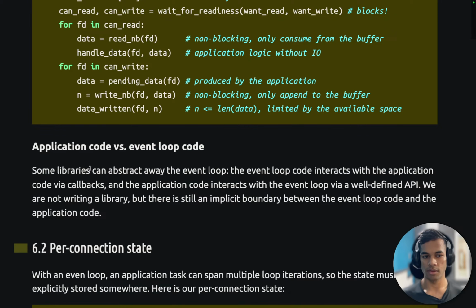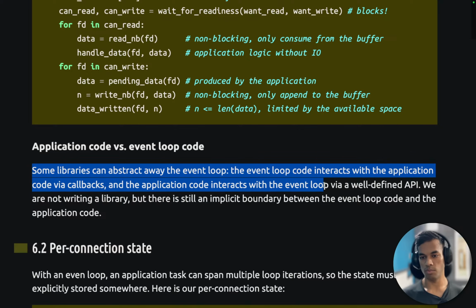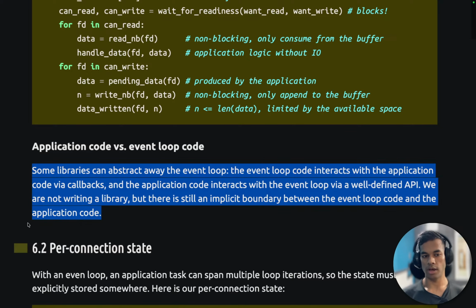The application code interacts with the event loop via a well-defined API. We are not writing a library, but there is still an implicit boundary between the event loop code and the application code.